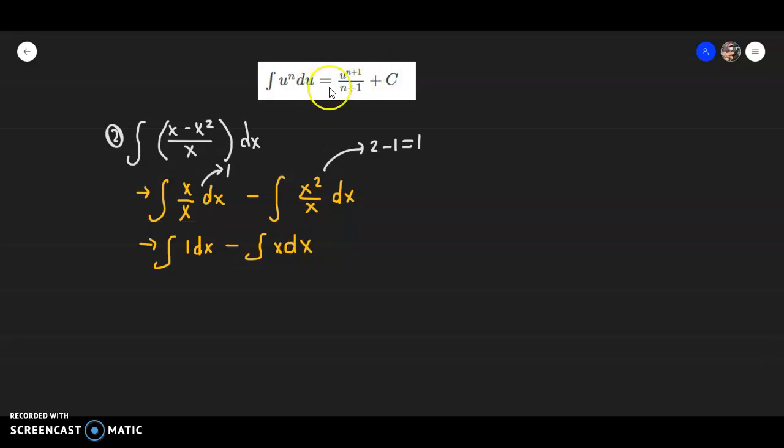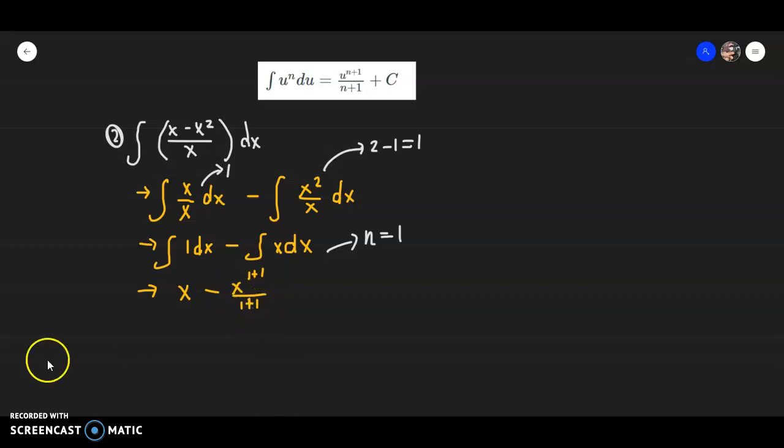So, we need to use yung power formula natin kanina na ginamit. The antiderivative of 1 dx is simply x. Ang n natin dito is 1. So, x raised to n, which is 1, plus 1, all over 1 plus 1.